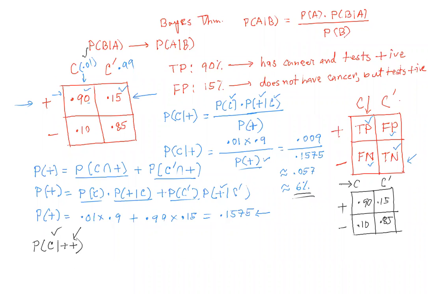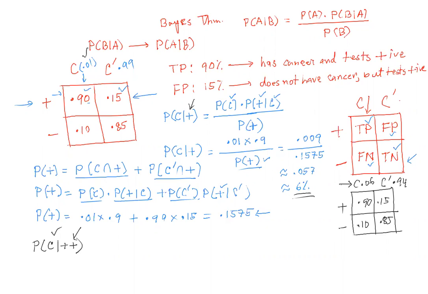Why? Because there is a 6% chance of having cancer if somebody tests positive. And we are considering the people who already tested positive. So this should be 0.06, and consequently C prime should be 1 minus 0.06 or 0.94. And that is the catch here. And these interior numbers of testing positive and negative, we are assuming that they are staying the same. One could potentially argue, but we are saying that those numbers don't change.